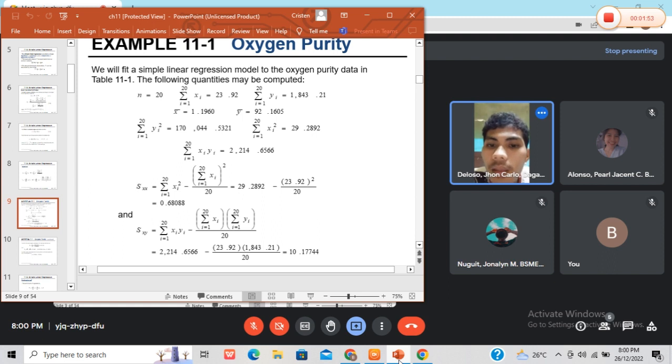We have 10.17744. So we can skip this process using our calculator. We're going to show you how to get these values using our calculator.